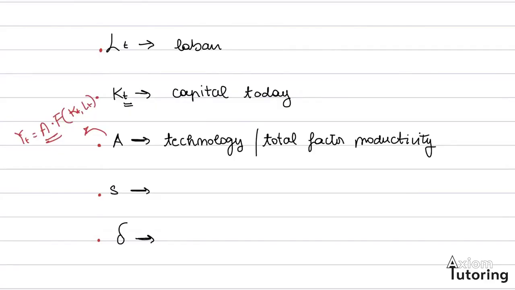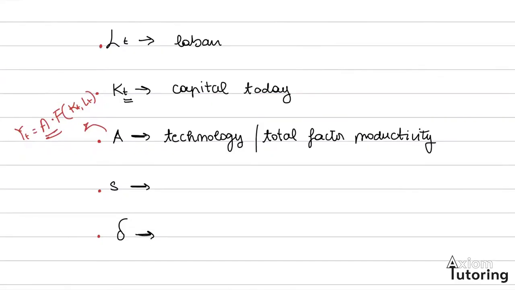The fact that it's exogenous means that it just signifies the portion of output, so the portion of YT, that cannot be accounted for by capital and labor, which are the two inputs that are measurable, and they're given to us, so we do have a specific measure for them. However, everything in the output that cannot be accounted for by the interaction of capital and labor is going to be called technology. And again, it's going to be exogenous for now.